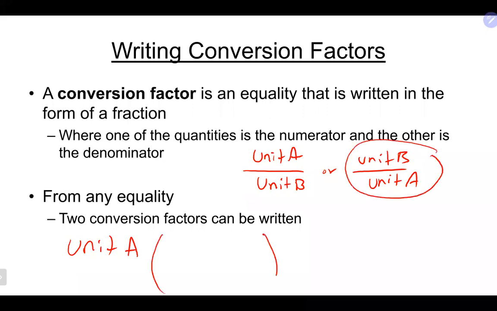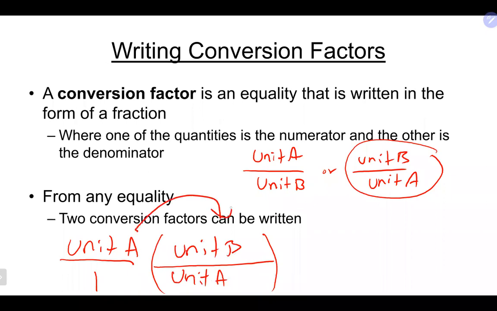Once again, although it's not written as a fraction, basically unit A is up on top. So to get rid of it, we go opposite of that, and we put unit A on the bottom. And unit B would go up on top.